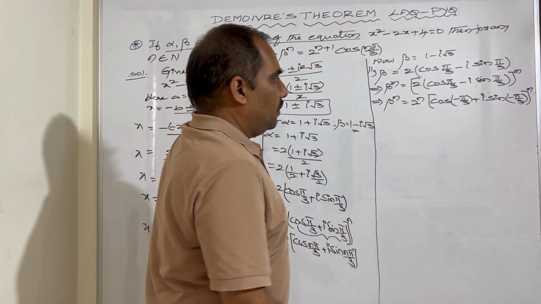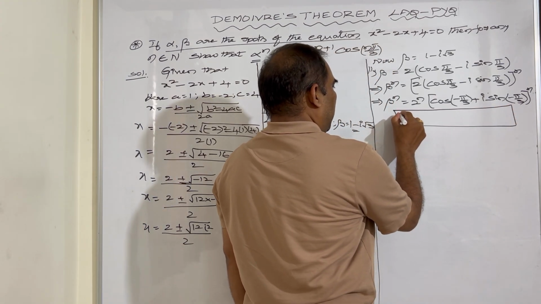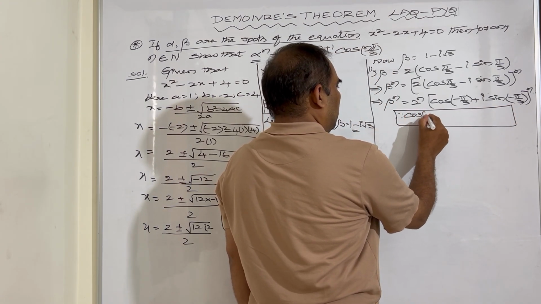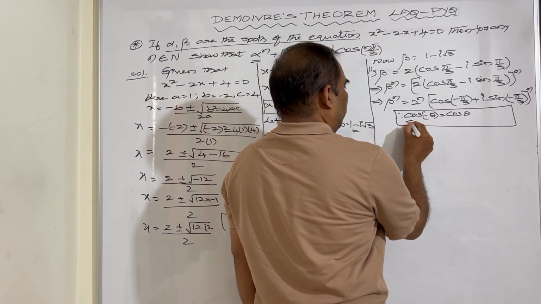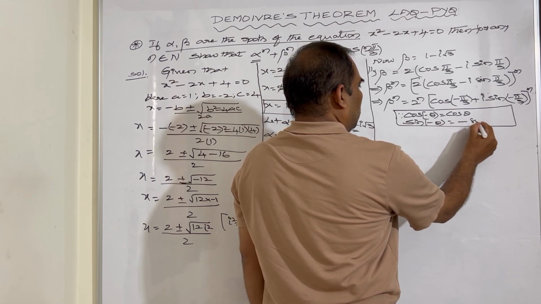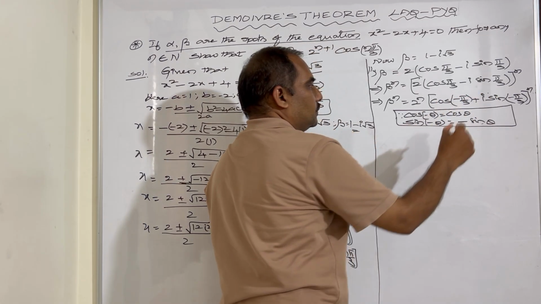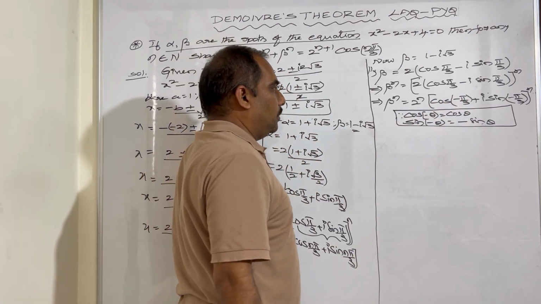See, cos of minus theta is always cos theta, we know that, and sin of minus theta is always minus sin theta. So theta lies in the fourth quadrant. Like this we can write cos of minus pi by 3, which is only cos pi by 3.